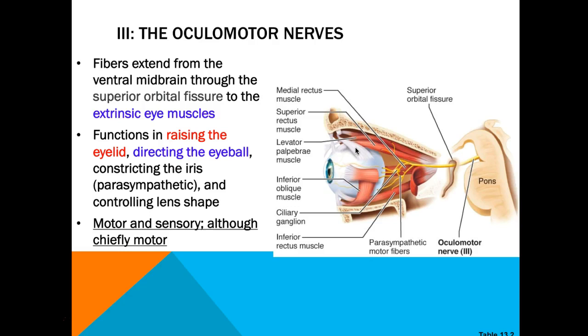The other job that our oculomotor nerve does is to constrict our iris, and it does this through our parasympathetic nervous system. So we have some of the motor fibers in here a part of our parasympathetic nervous system. And it will also help to control the lens shape in order to focus our view.